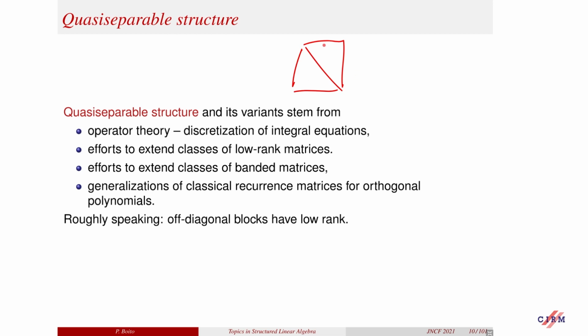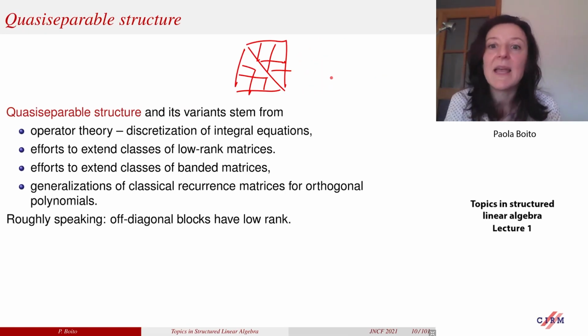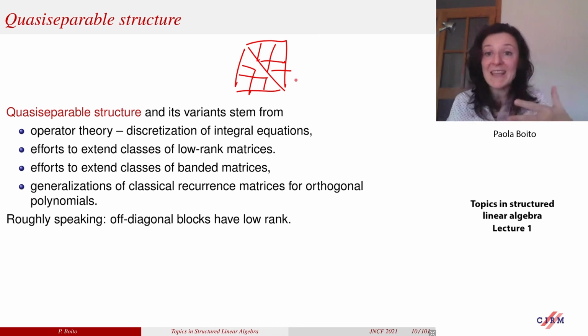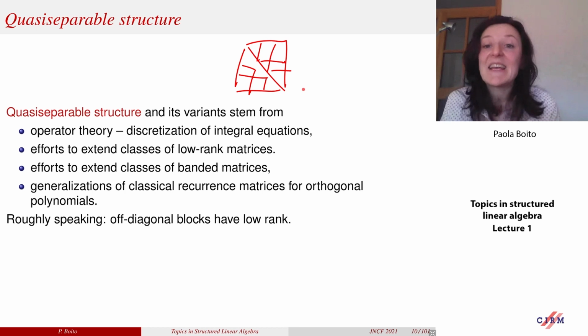And I say my matrix is quasi-separable if every time I extract a submatrix from either the upper triangular part or the lower triangular part of my matrix, these submatrices, these blocks, have low rank. Low rank means bounded by a number which is small with respect to the size of the matrix. Again, if we think in perspective for matrices that increase their size, typically what we'd like is that the ranks of these off-diagonal blocks stay uniformly bounded.